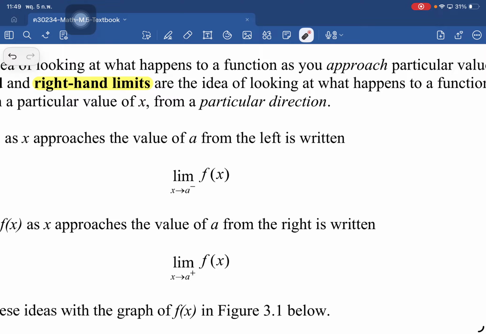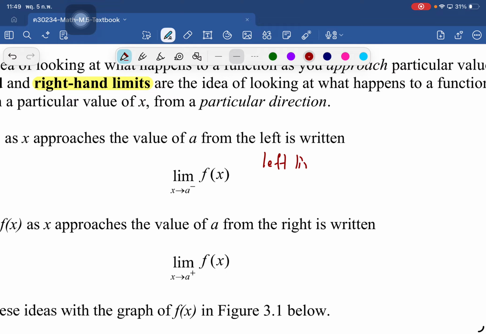Some functions have the limit, some may not, and the function could be undefined. If it is undefined like this case, we say this is a discontinuous function.